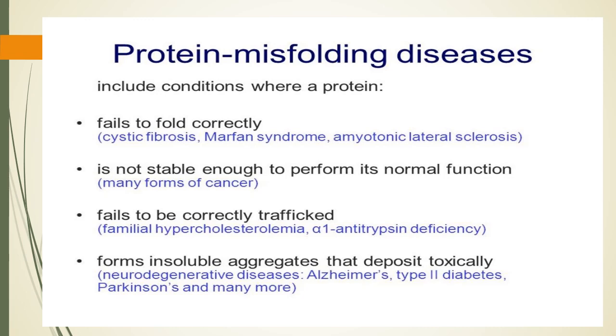The protein misfolding diseases include conditions where a protein fails to fold correctly, that is cystic fibrosis; is not stable enough to perform its normal function, that is many forms of cancer; fails to be correctly trafficked, that is familial hypercholesterolemia; and forms insoluble aggregates that deposit toxically, that is neurodegenerative diseases, Alzheimer's, type 2 diabetes, Parkinson's, and many more.